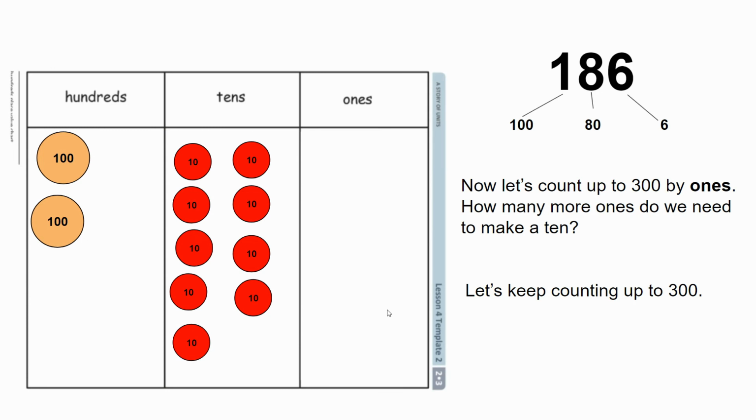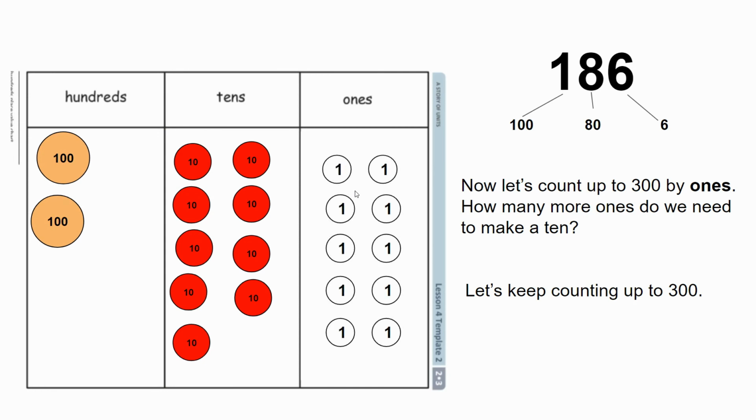281, 282, 283, 284, 285, 286, 287, 288, 289, 290. Wow! How many more do we need to make it to another 100? Come on, we need one more 10. Here we go. 291, 292, 293, 294, 295, 296, 297, 298, 299, 300.